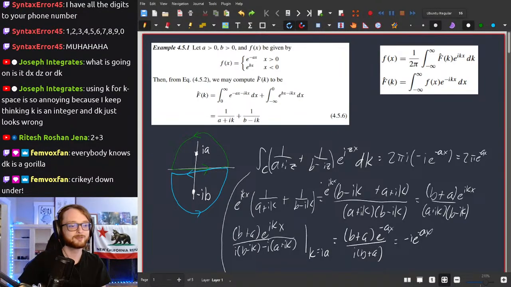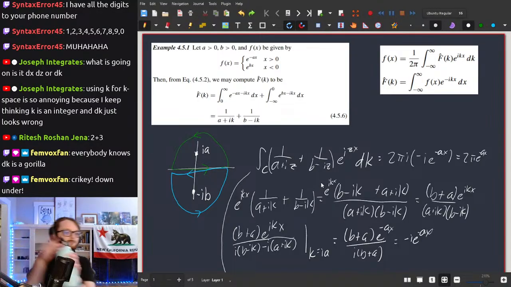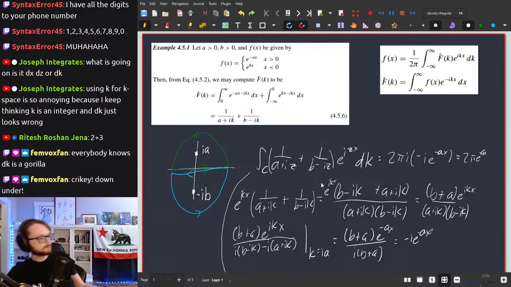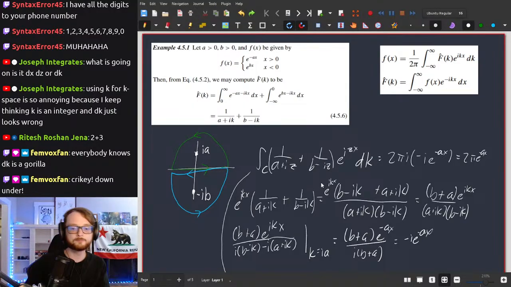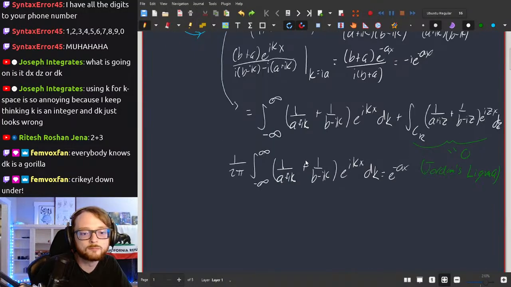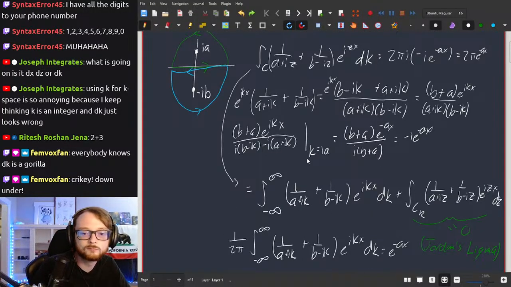Crikey. I don't know. Like, I'm a little confused on how the integral works when x is negative.